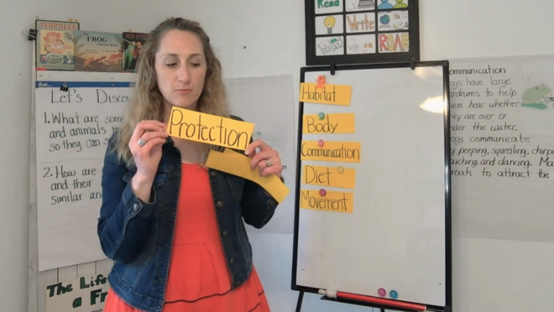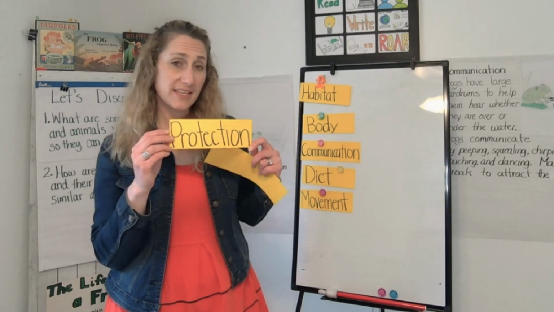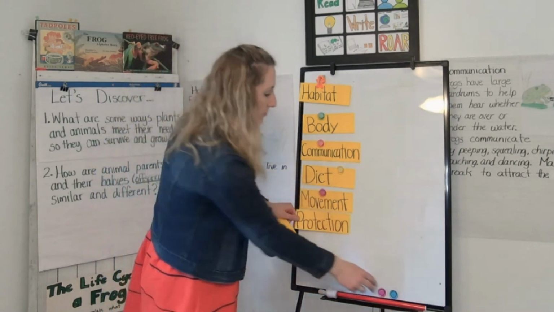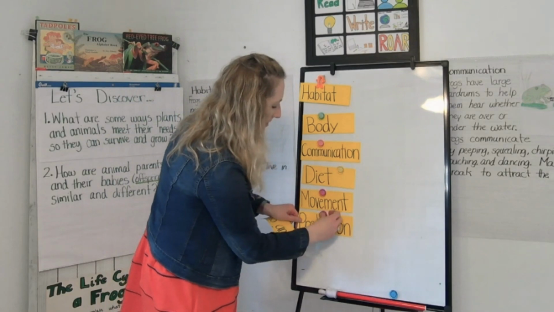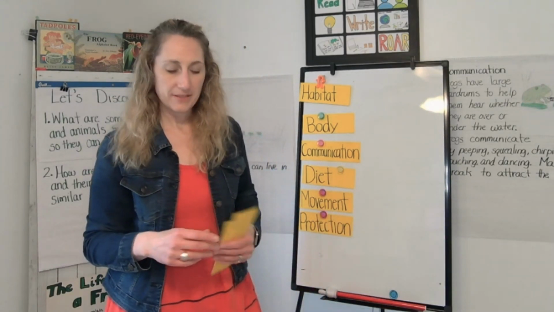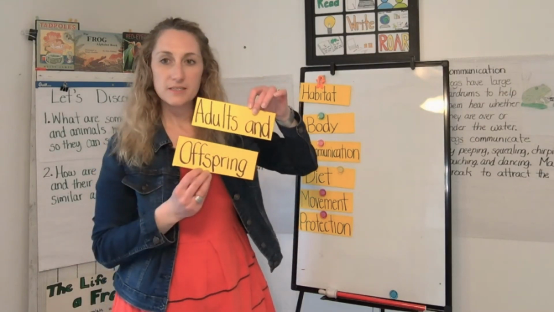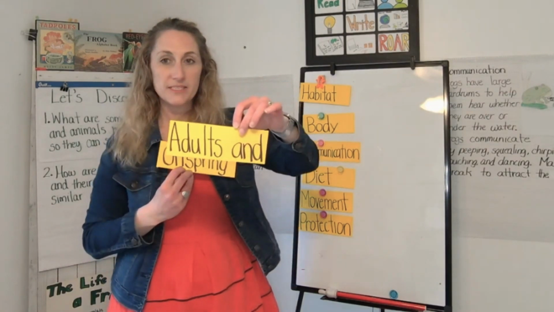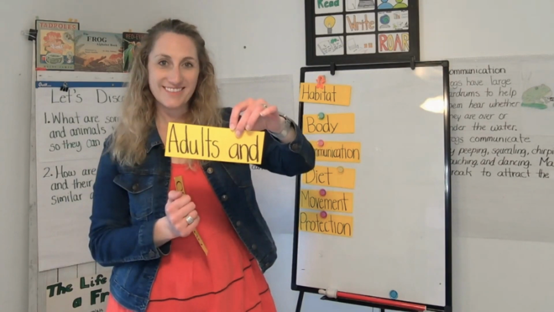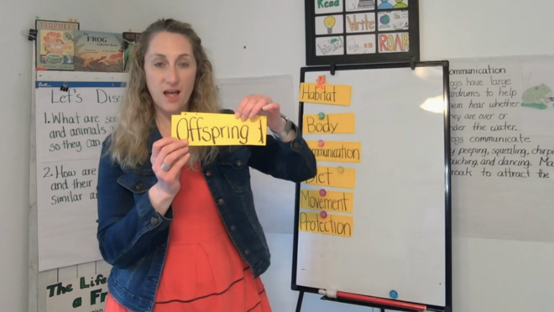How about this word? Protection. Can you say protection? Yeah, protection. That's how they keep themselves safe from predators, things that might want to eat them. And how they keep others safe, they communicate through some of their sounds that they make too. The last part, adults and offspring. Can you say adults? What's this word? And this other word is offspring.